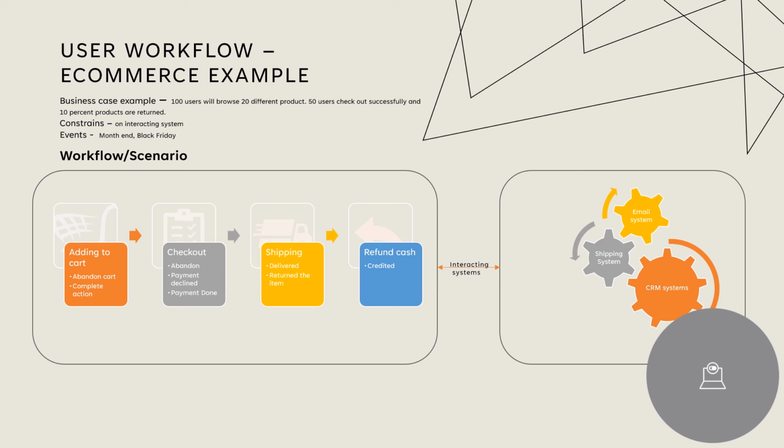Once we make the payment, the item will be shipped to your home or the address which you provided, and we got a happy customer. Sometimes we will get a not-so-happy customer who will decide to send our product back, and we have to refund the amount. So these are a couple of actions which happen in an e-commerce portal.